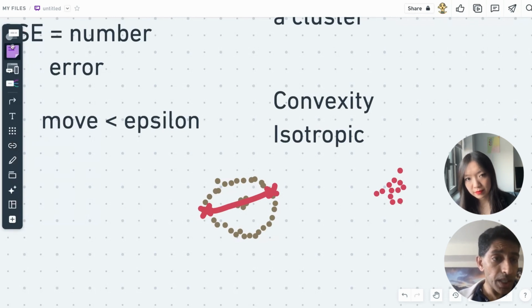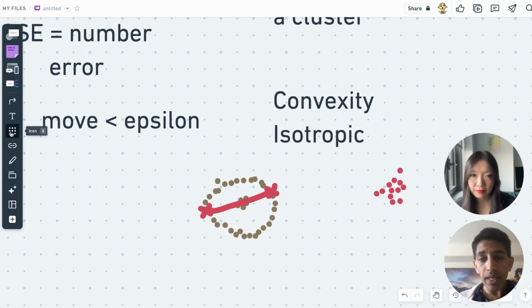And in this case, let's assume we have data in such a way that they are not distributed in the same density in all directions, then we may not be able to learn. There may not be any convergence possible.